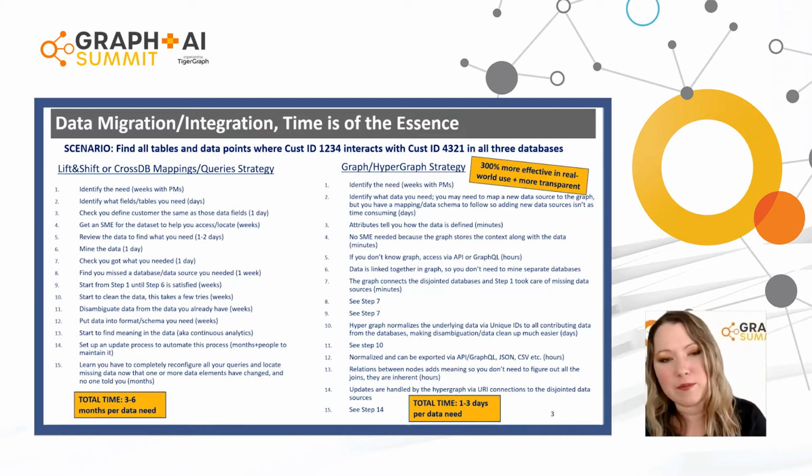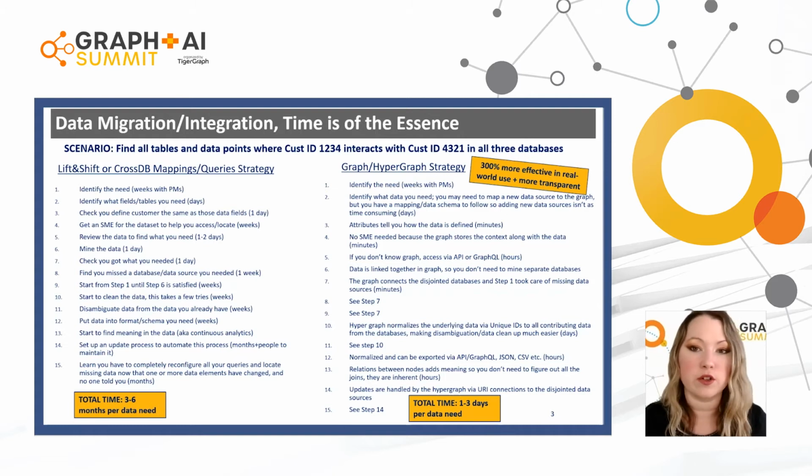But on the graph side, we are going to be using something called a URI, kind of like a UID, that is just pointing to the original data source. So as long as that original data source keeps that ID, if the data values change, nothing breaks, which is so helpful when you're going through this process.